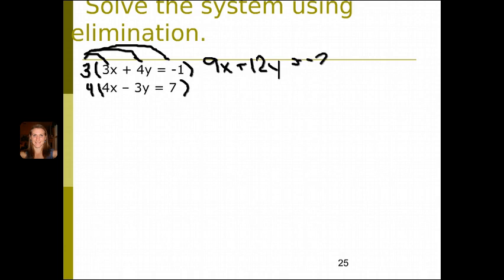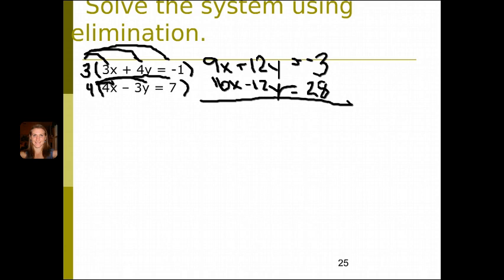Then I'm going to multiply the second equation by 4. So 4 times 4x gives me 16x. 4 times negative 3y gives me a negative 12y. And 4 times 7 will give you 28. Now, because you have a negative and a positive, that means you're going to add the equations to eliminate a variable.